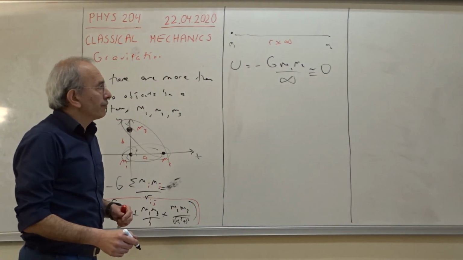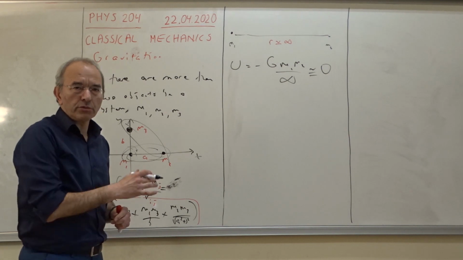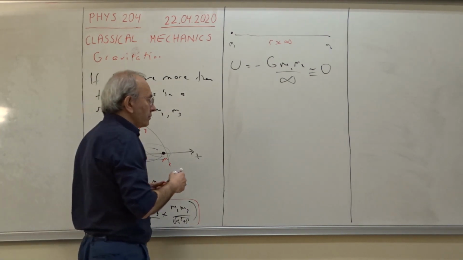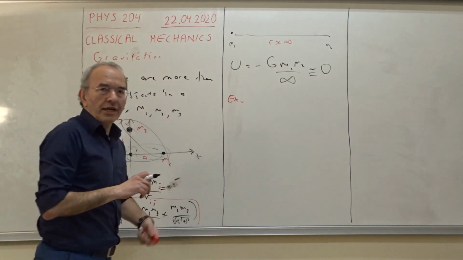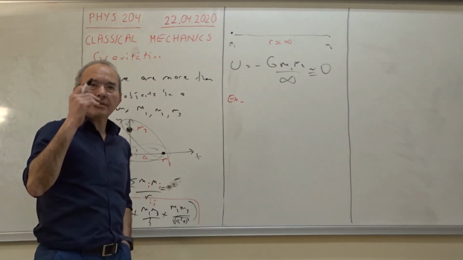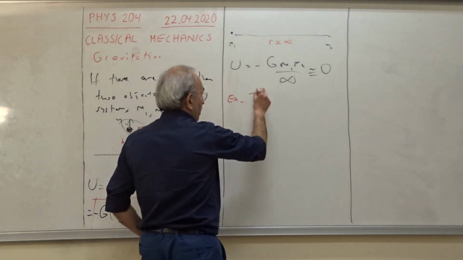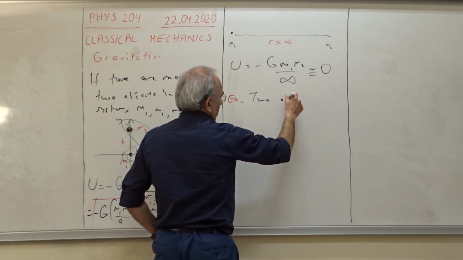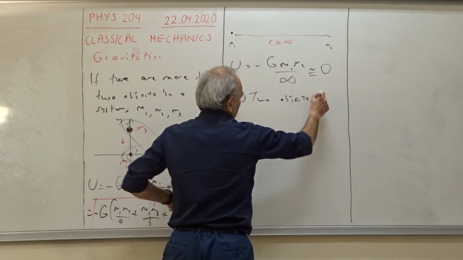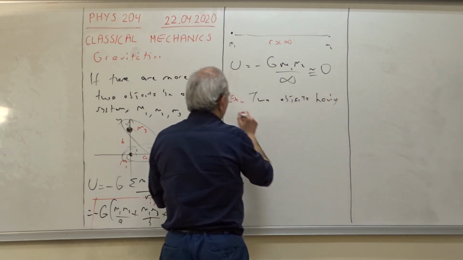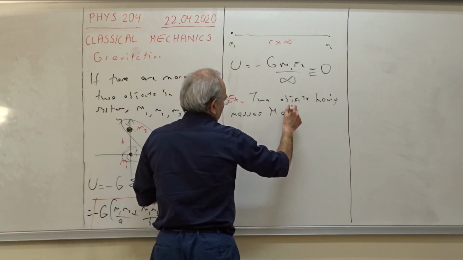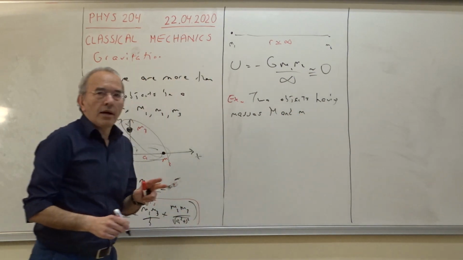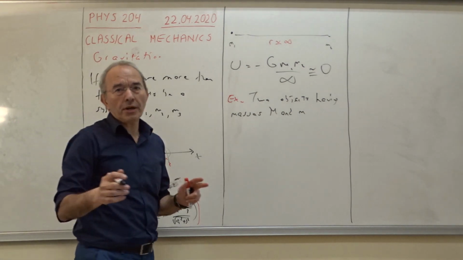Now let's have a problem on this. Two objects having masses capital M and little m are initially infinitely far apart and at rest.